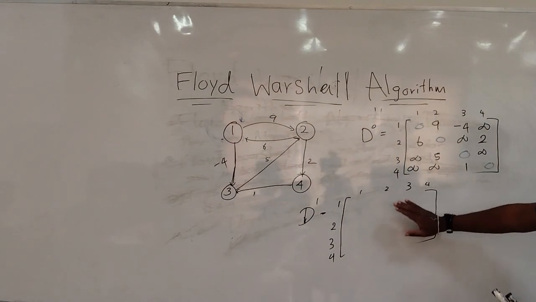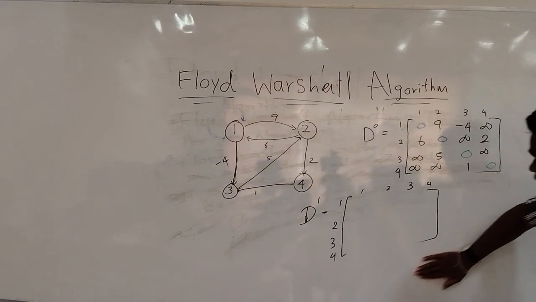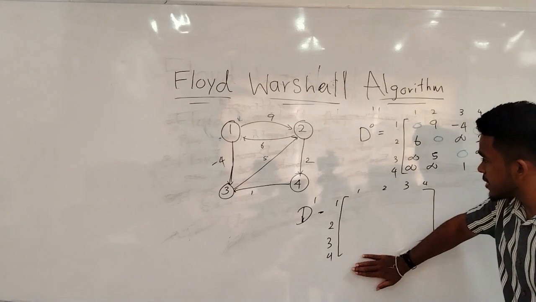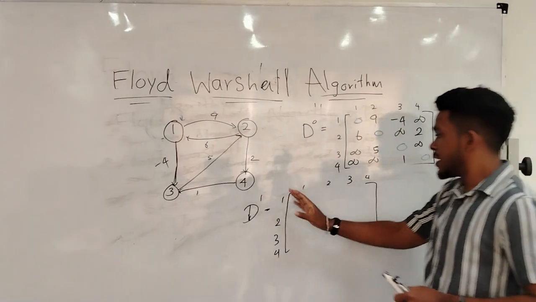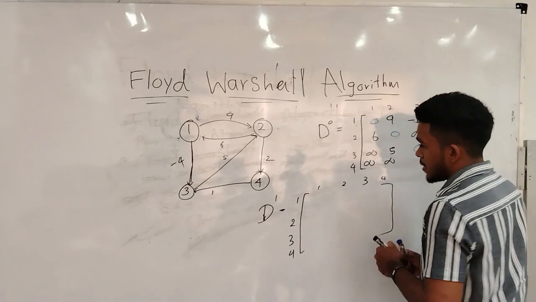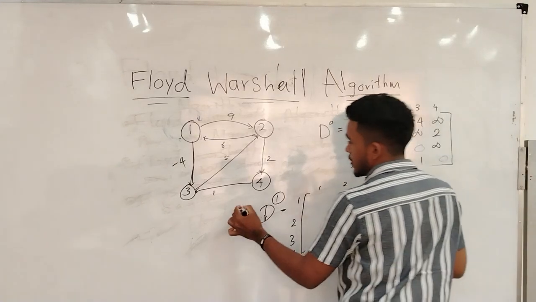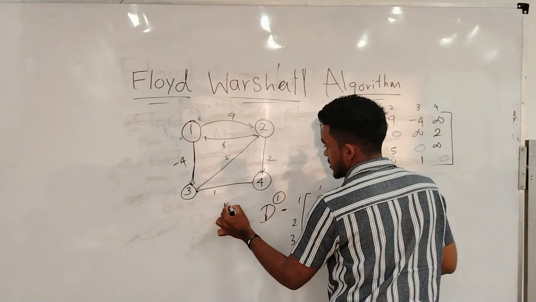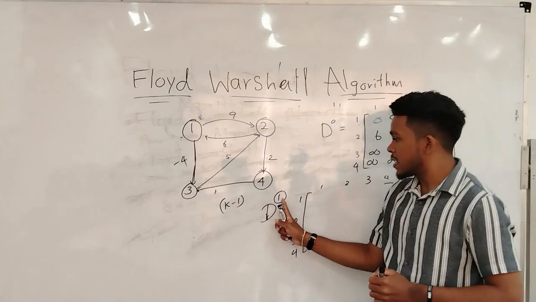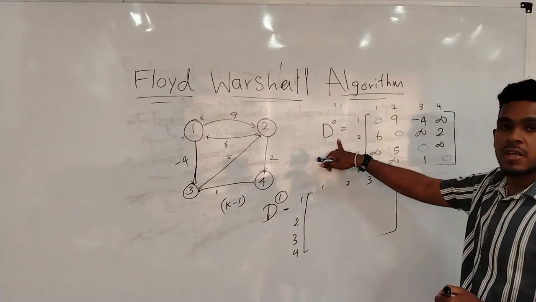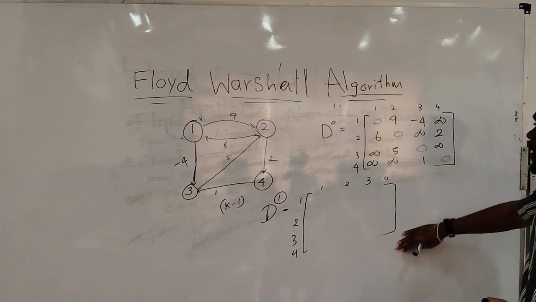For this matrix we are using the base matrix, because each time the base would be k minus 1. If k is 1, then the base should be 0. So this is the base of this matrix.